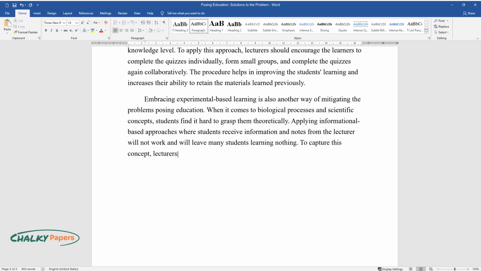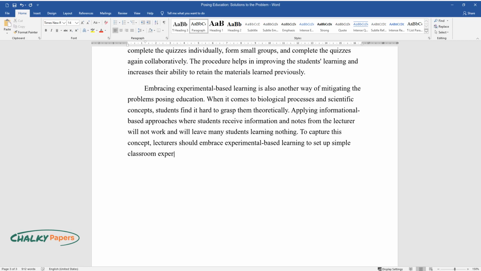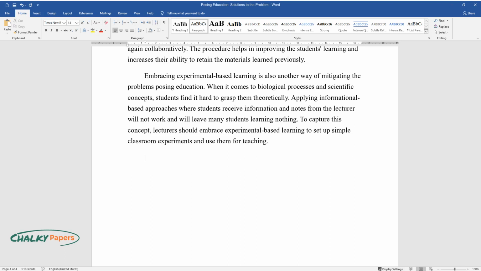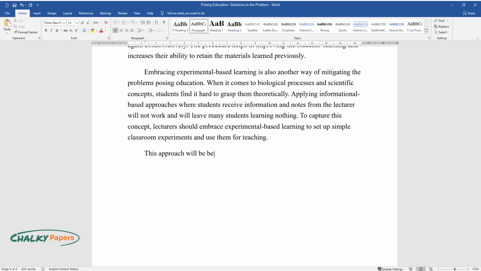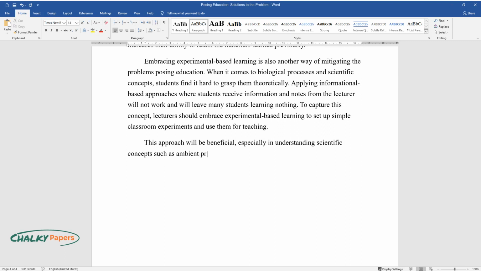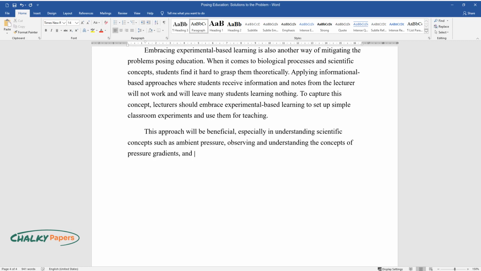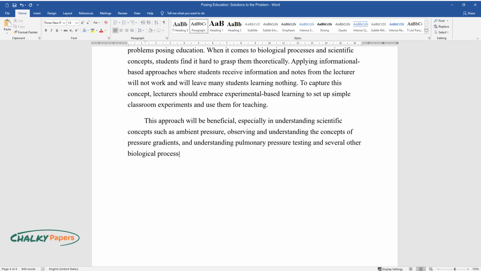To capture this concept, lecturers should embrace experiment-based learning to set up simple classroom experiments and use them for teaching. This approach will be beneficial, especially in understanding scientific concepts such as ambient pressure, observing and understanding the concepts of pressure gradients, and understanding pulmonary pressure testing and several other biological processes that might be difficult to understand theoretically.